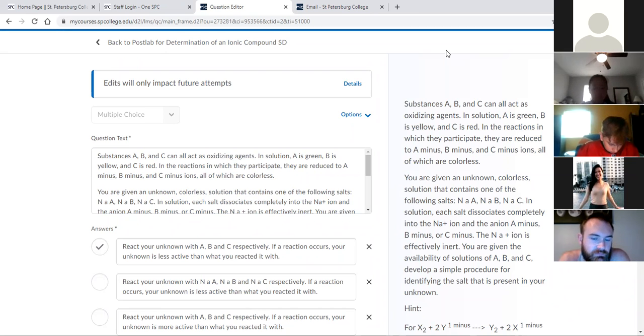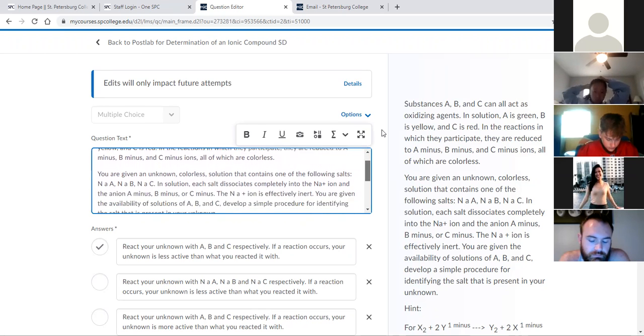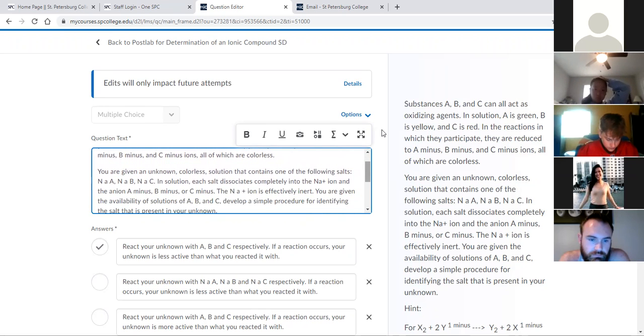A minus, B minus, and C minus are colorless. You're given an unknown colorless solution, which obviously contains one of the anions, A minus, B minus, or C minus. In solution, each salt dissolves. All that's saying is that it dissolves so that you're only seeing the ion. That's what the next sentence says. Na is inert.